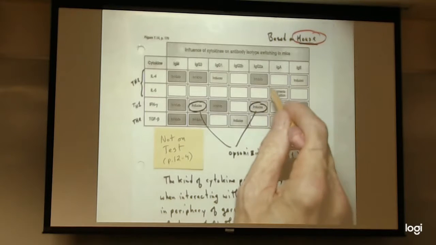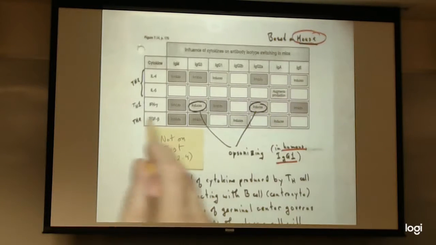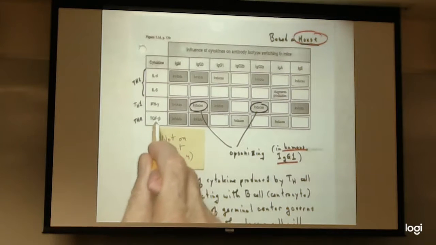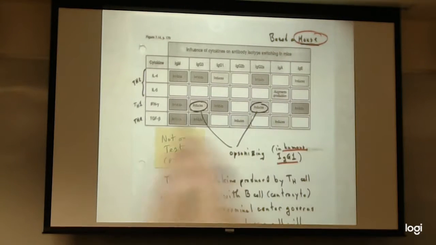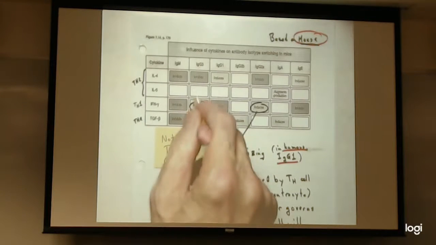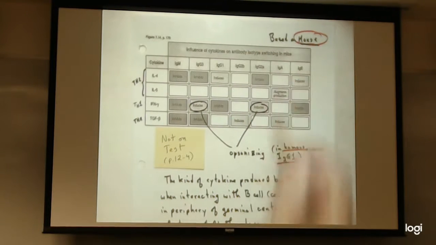IL-5 augments the production of IgA. TGF-beta, these things. Interferon gamma induces IgG3 production and IgG2A production.